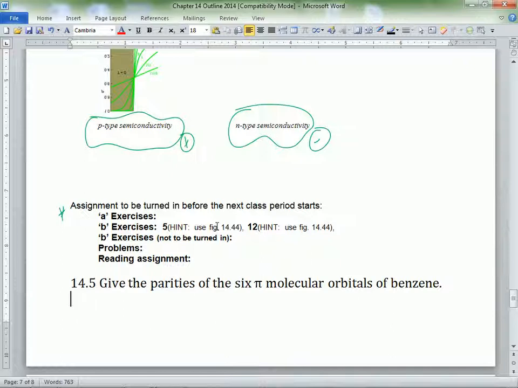If you find figure 14.44, okay, they said there are 6 molecular orbitals of benzene. On page 416, there they are. I should have scanned it and put it in there. But the point is, totally don't look at the name, how they named them. It gets really confusing.